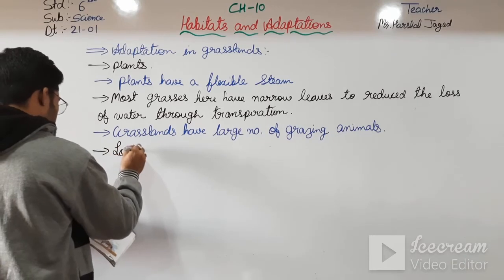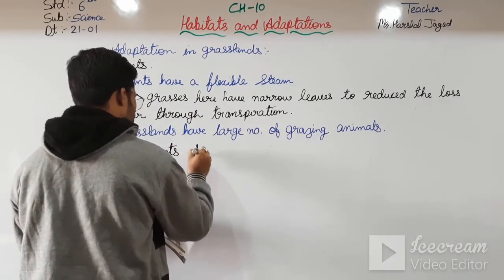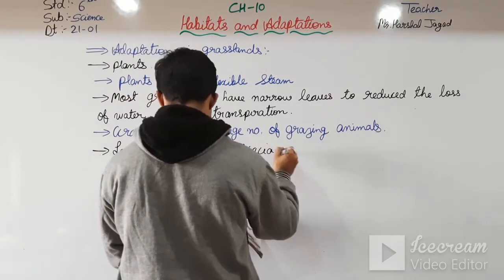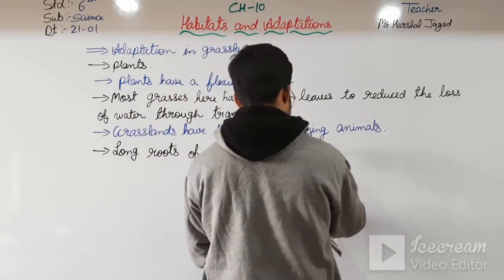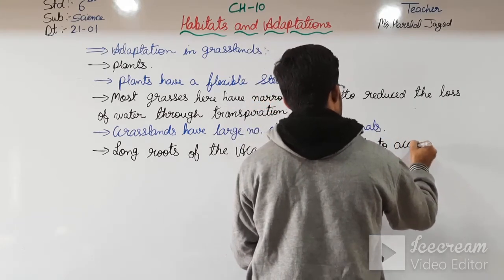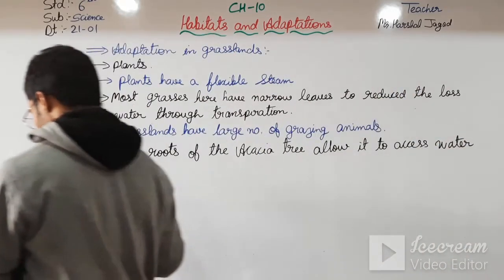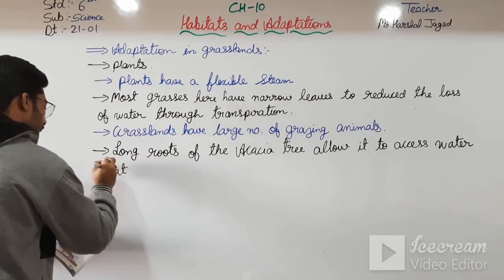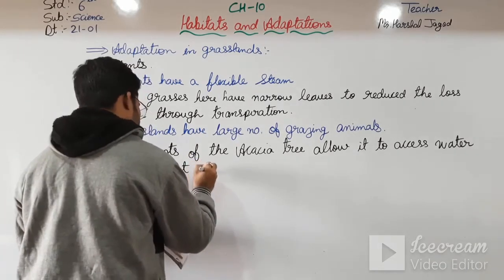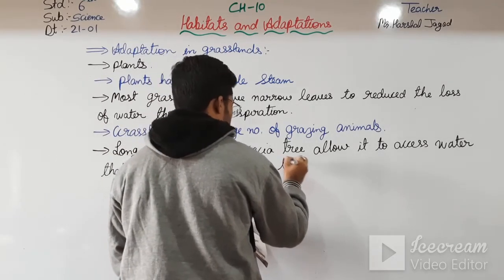Long roots of the Asian tree allow it to access water that is present very deep in the ground.